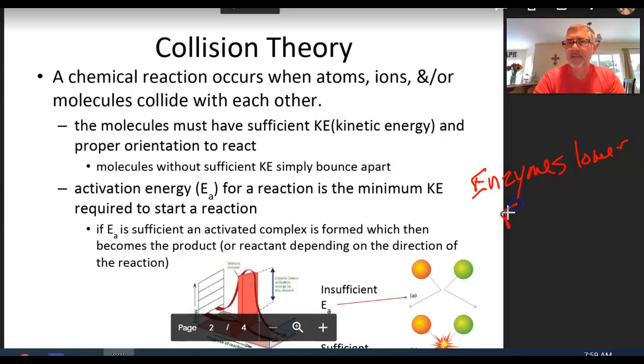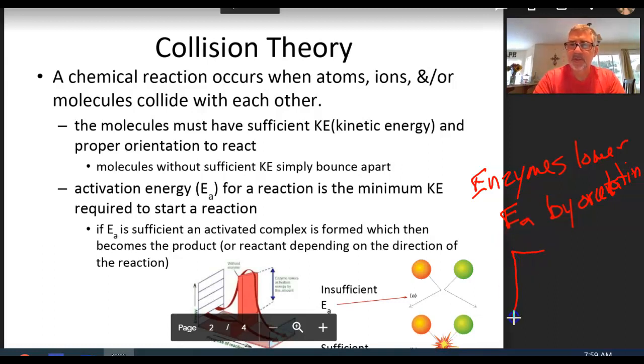You can say that enzymes lower the energy of activation by orientation.